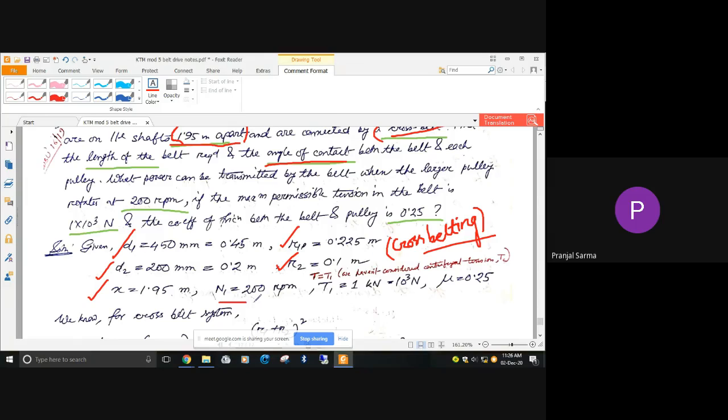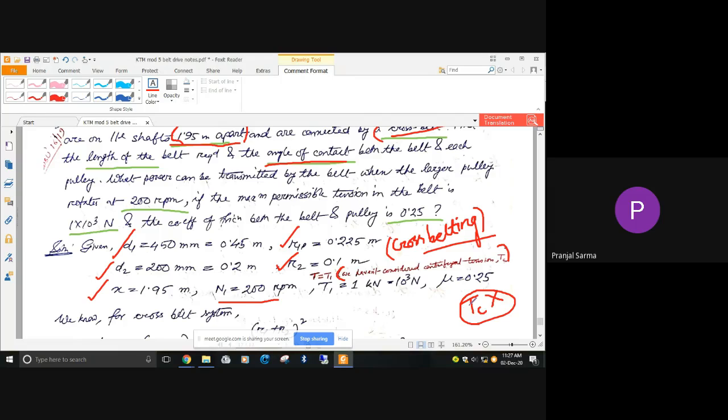So N1 is given as 200 rpm, and the maximum permissible tension in the belt is given as 10^3 Newton. Now, as nothing is said about centrifugal tension, whether you have to consider it or not, you just mention by yourself that we have not considered the centrifugal tension TC. That makes your problem somewhat easier, as you don't have to go for the mass per unit length and the velocity to find TC.